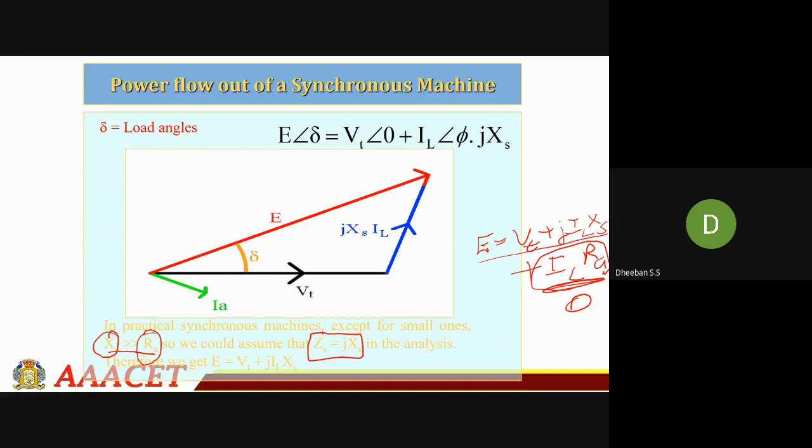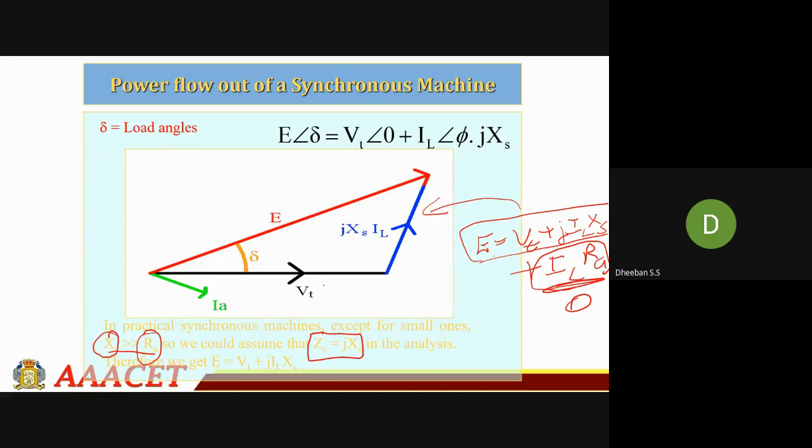So you will be getting your EMF as equal to Vt plus j IL XS. We are making this equation in your phasor format. I already told how to draw your phasor format with respect to your second unit itself.